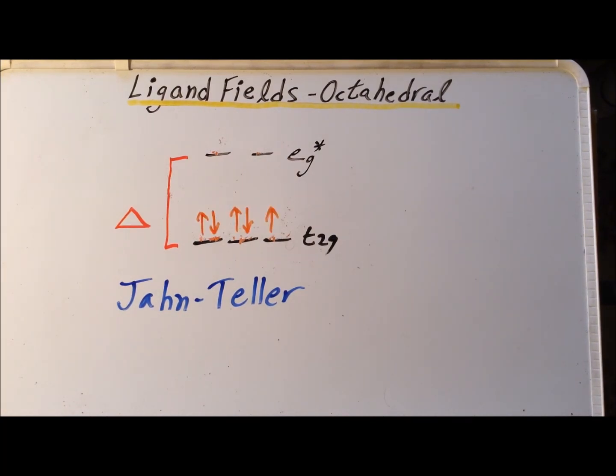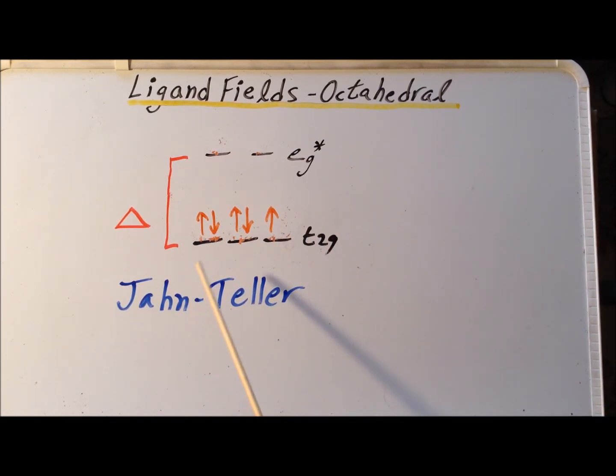Now let us go back to the low spin D5 case. So for example, this was the strong field for the iron 3 plus ion. And we had drawn this particular configuration because we had 5 electrons. Now we notice that these orbitals are degenerate. They have the same energy, they're T2G.